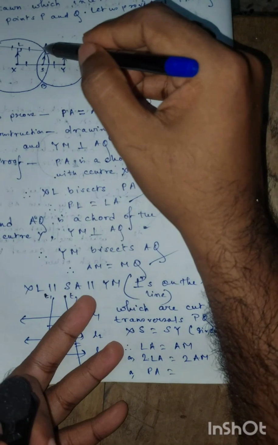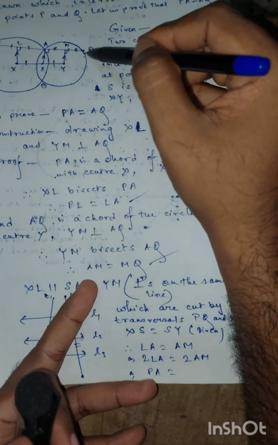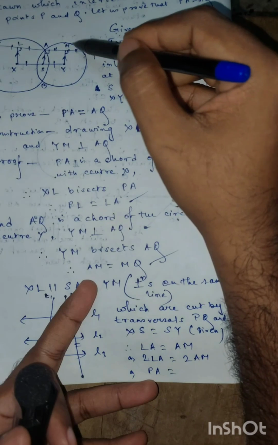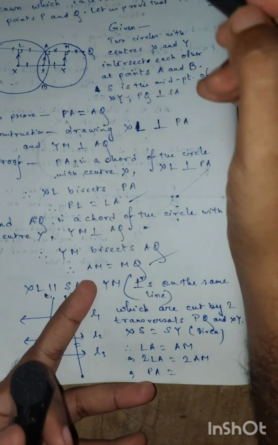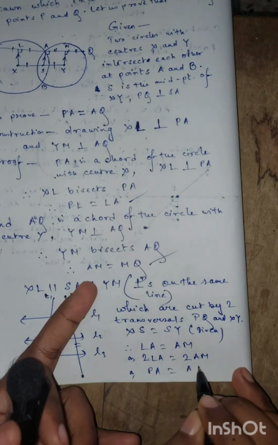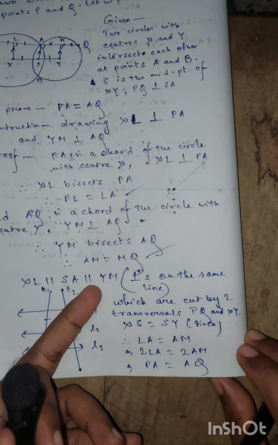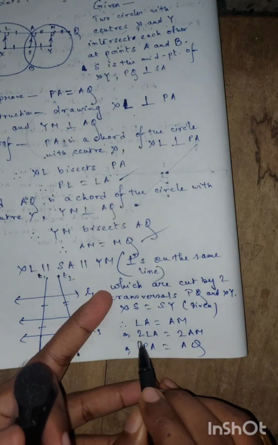And AM is equal to MQ, that is why we can say 2AM is equal to AQ. So this is what we needed to prove.